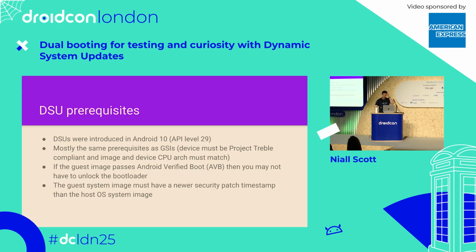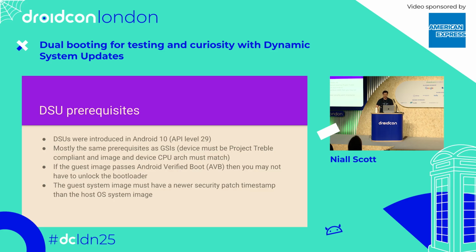DSU prerequisites. So the DSU feature was added in Android 10. The prerequisites are largely the same as what I covered before for GSIs, in that the device has to be Project Treble compliant, and also the CPU architecture and the image architecture must match too. You may not have to unlock the bootloader depending on the image that you're booting and what key it's been signed with.